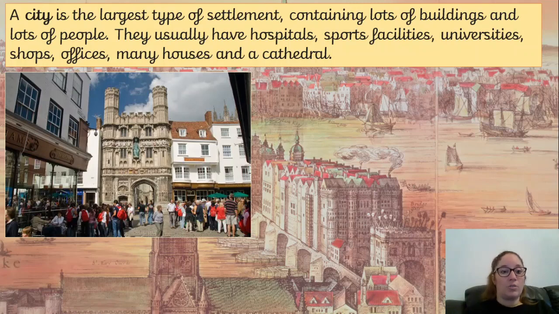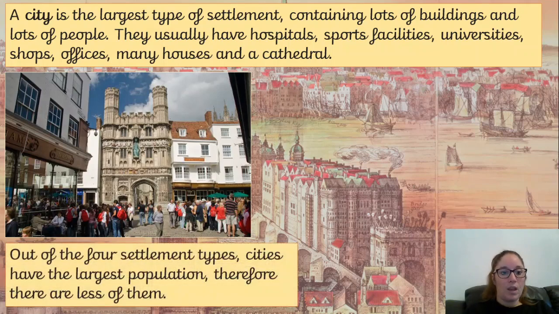A cathedral is what's believed to make cities cities. Out of the 4 settlement types, cities have the largest population. Therefore, there are fewer of them, because they're the biggest.